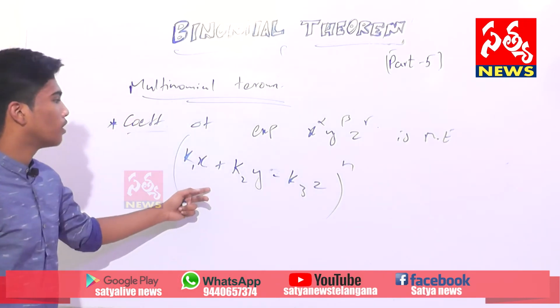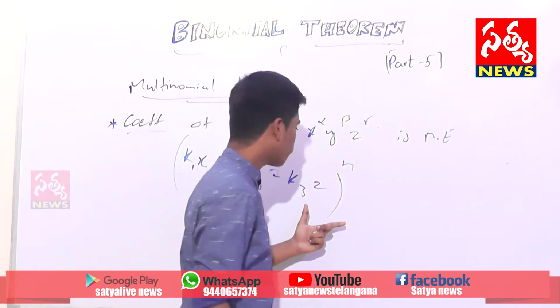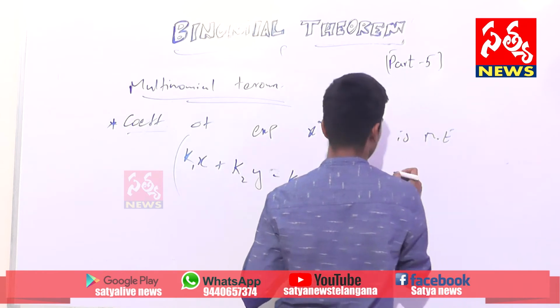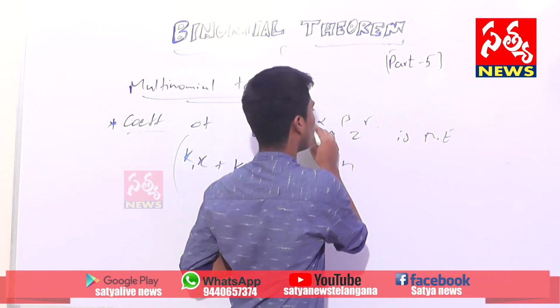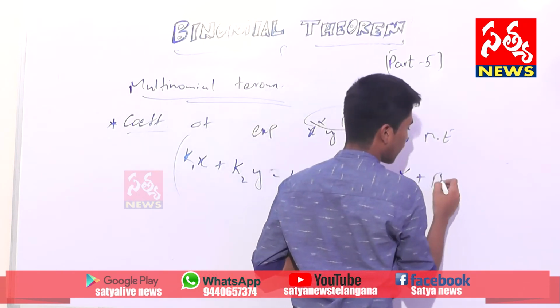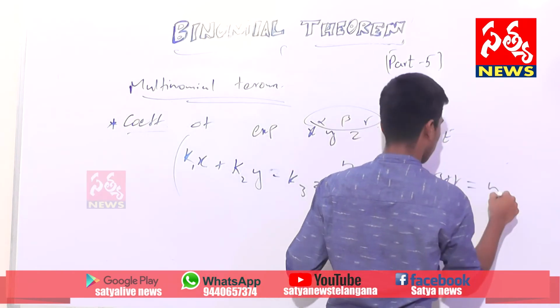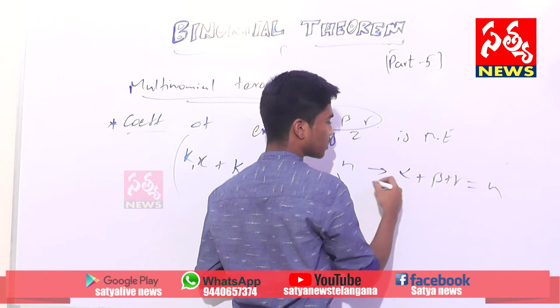For finding these kinds of coefficients, first of all, for every problem we have to check whether alpha plus beta plus gamma is equal to n or not. This is the first condition we have to check.